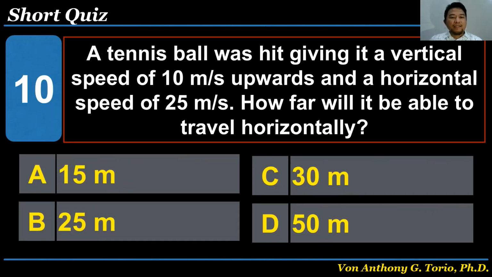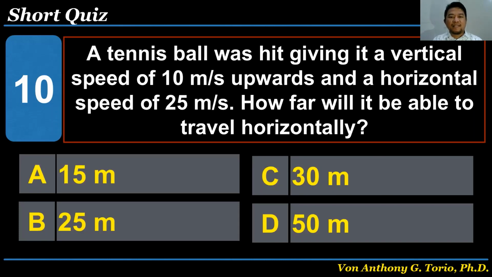Item 10. A tennis ball was hit, giving it a vertical speed of 10 meters per second upwards and a horizontal speed of 25 meters per second. How far will it be able to travel horizontally? A, 15 meters, B, 25 meters, C, 30 meters, or letter D, 50 meters.